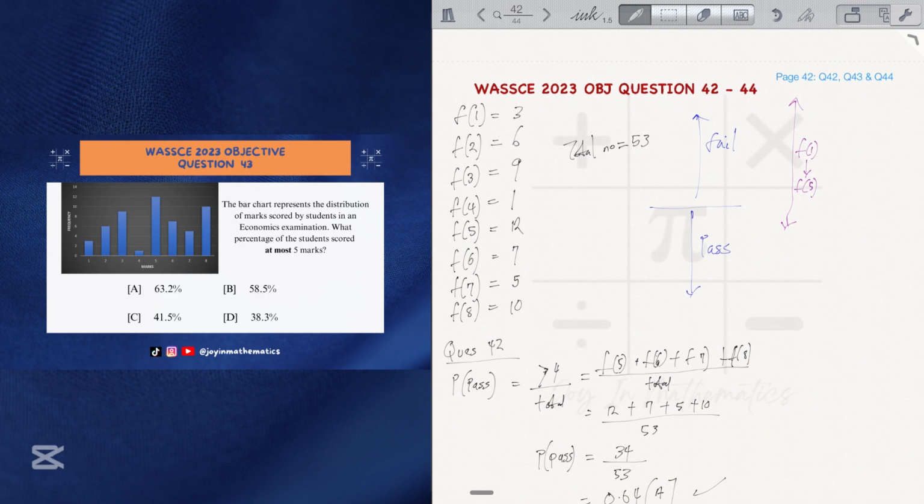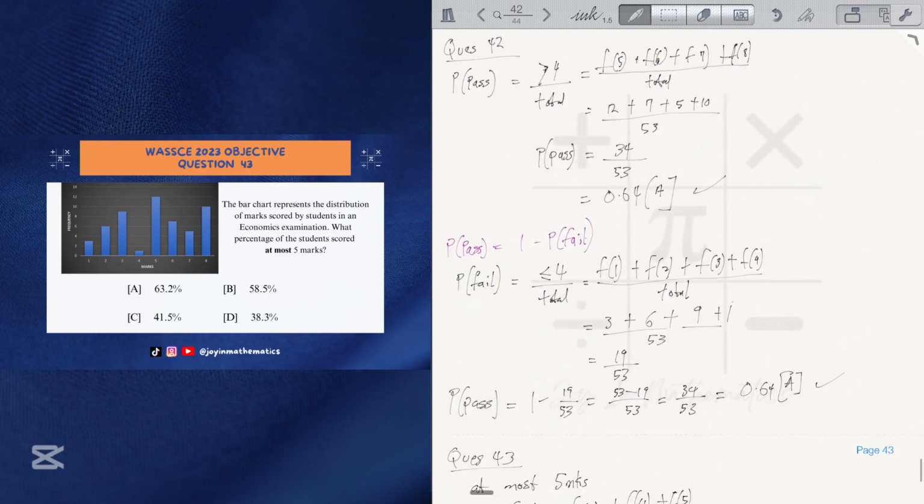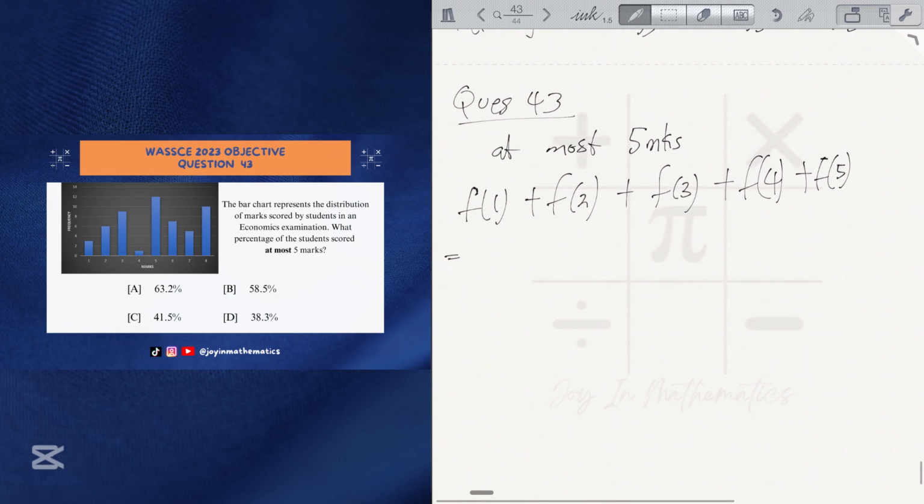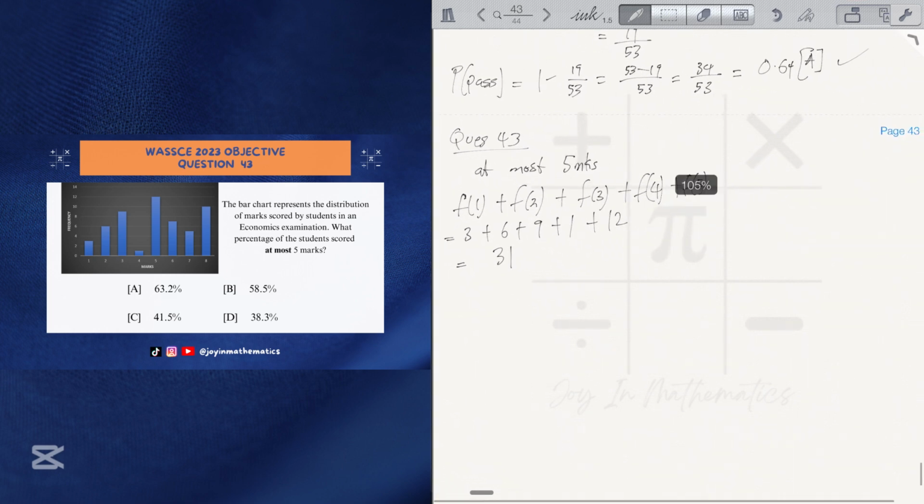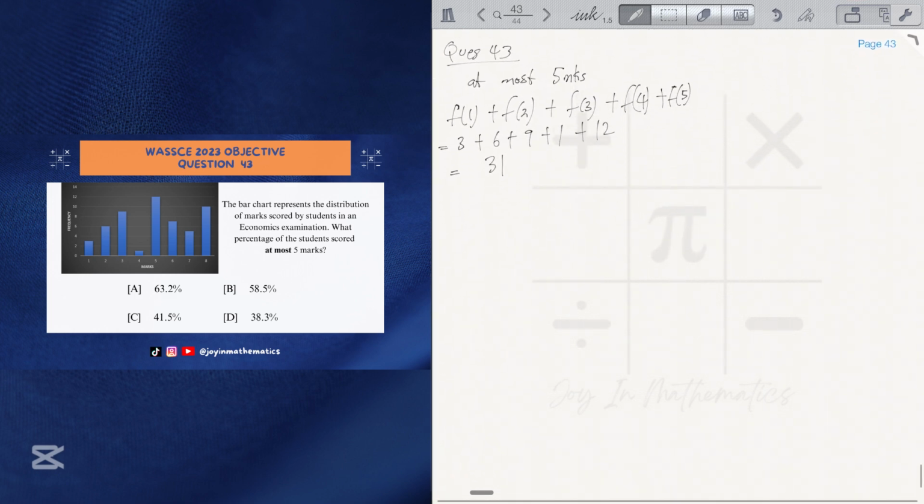So let's apply that here. We have 3 plus 6 plus 9 plus 1 plus 12, and if we resolve this, it is equal to 31. Now, the question says, what percentage of students scored at most 5 marks?